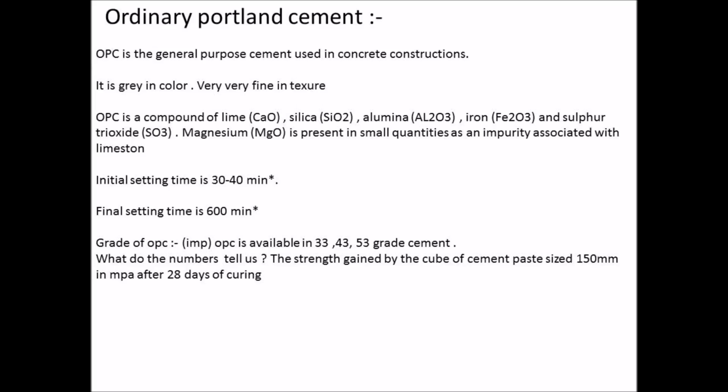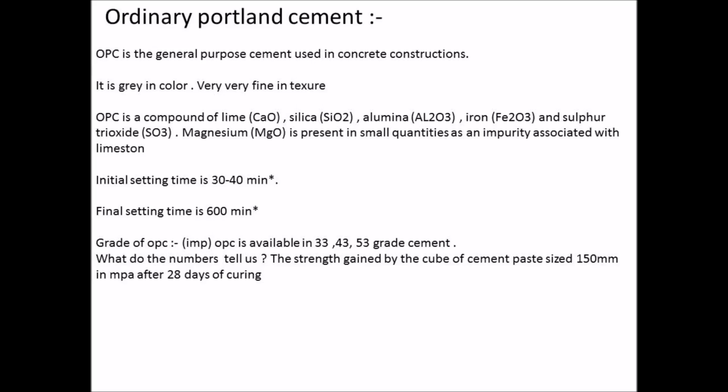It can be used everywhere, like while making mortar or tile fixing, masonry construction, concrete construction, or just washing, PCC bed, or basically everywhere, guys, everywhere. Wherever you want to use cement, you can use ordinary Portland cement.